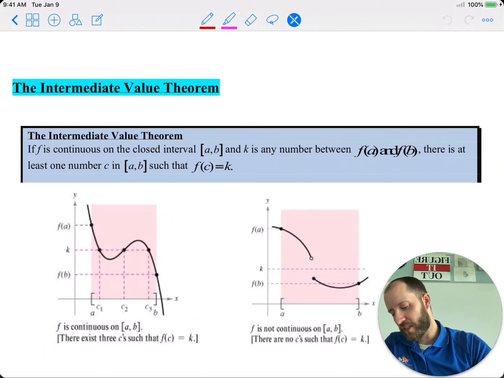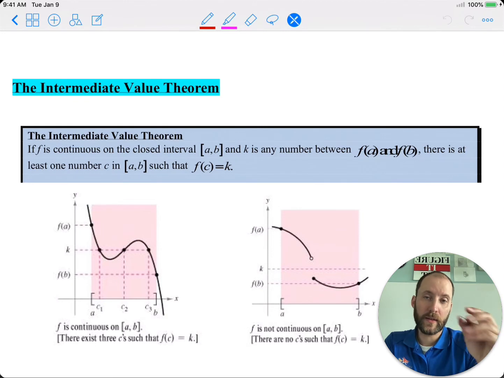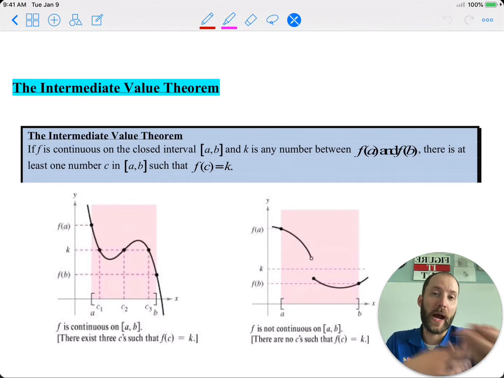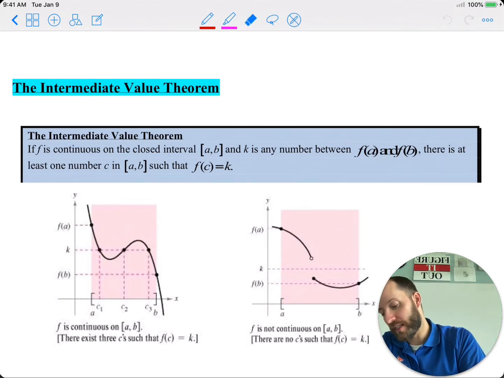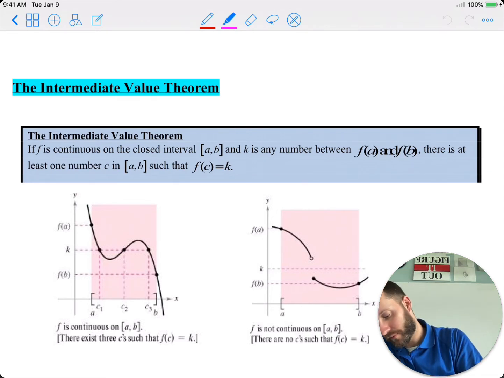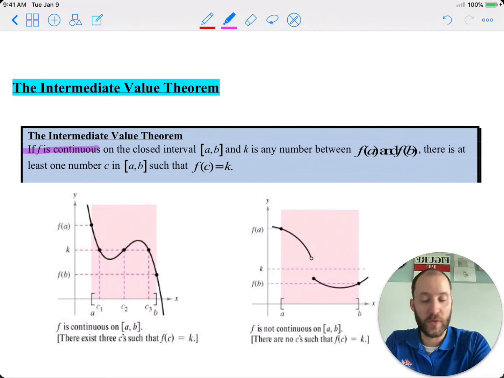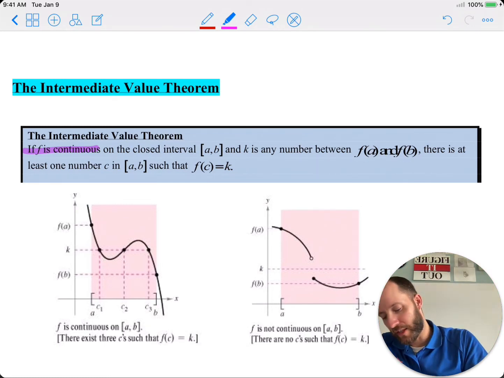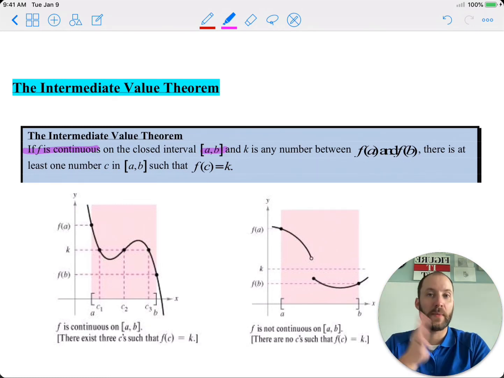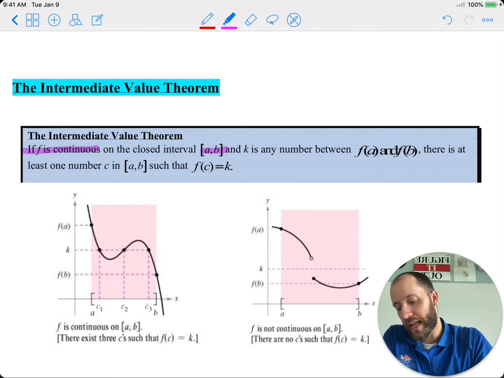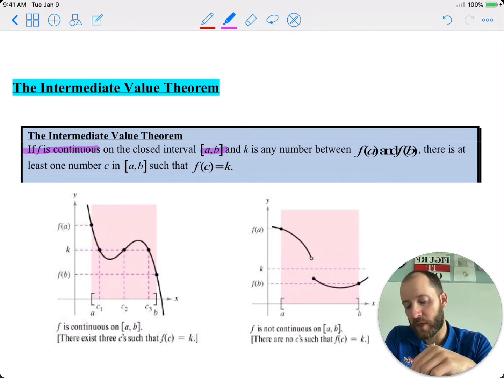But if f is continuous, which, for our purposes, time is continuous. So we have continuity on a closed interval a to b. So from the time you're a freshman to the time you're a senior. And k is any number between f of a and f of b.